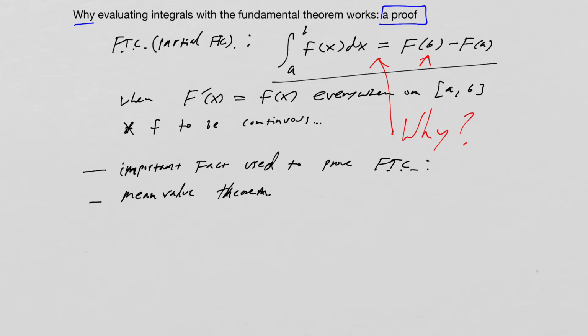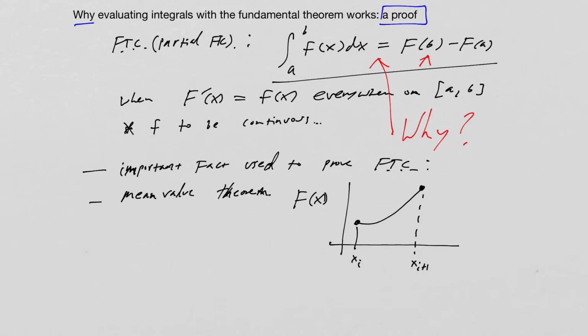The mean value theorem says, if you have a capital F of x, and we look at a point xi and a point xi plus 1, it doesn't matter which points you're looking at.